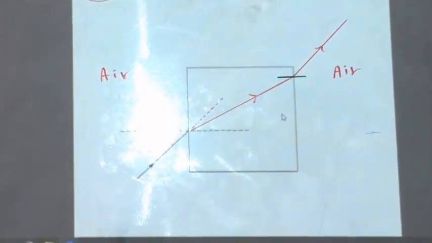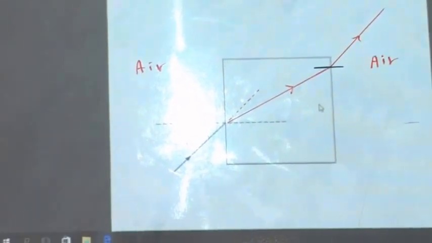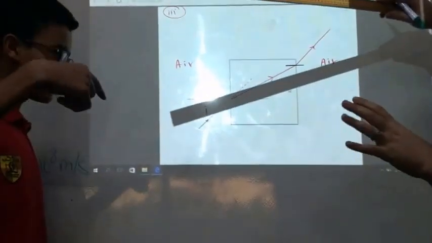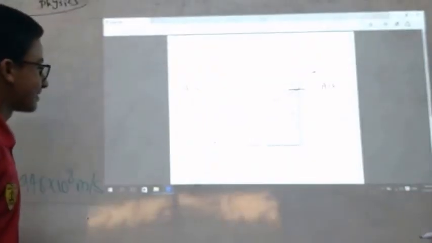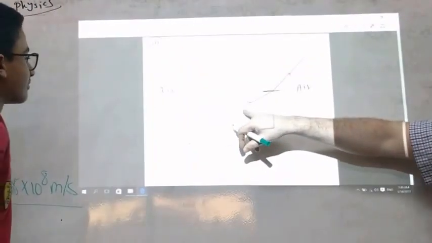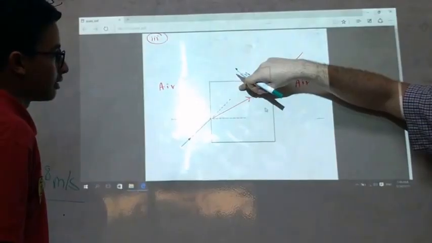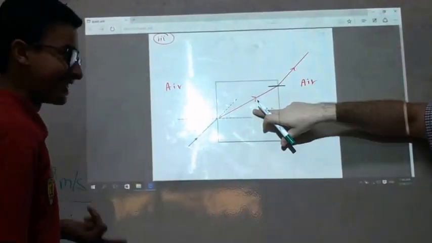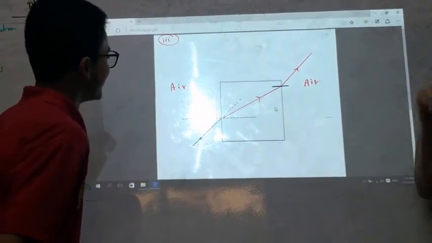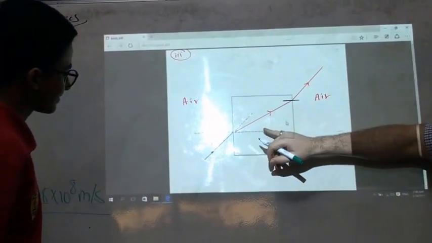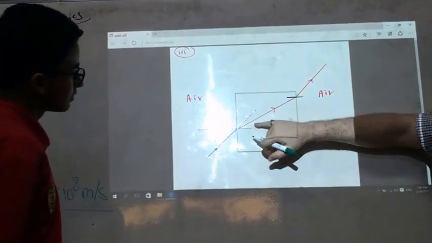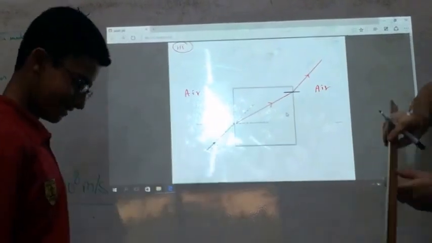Now Ahmed, I will draw the violet ray here away from the normal, which is wrong. It's towards the normal, which is correct. So I will draw it refracted about the normal, just here.